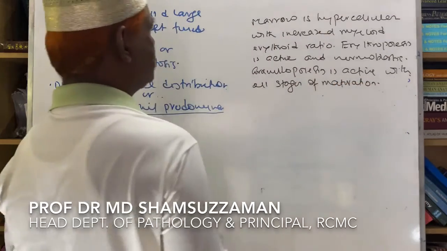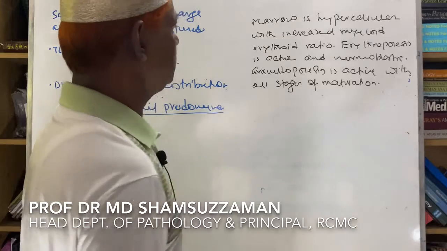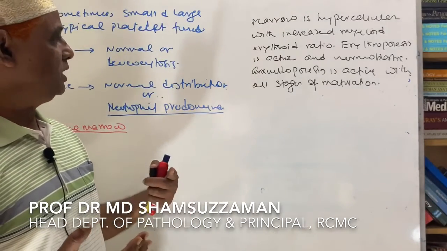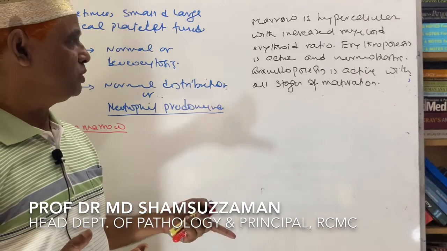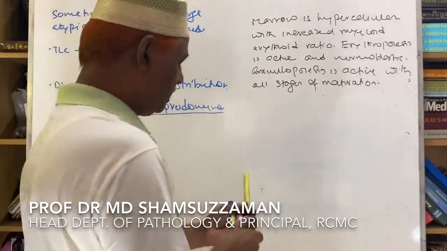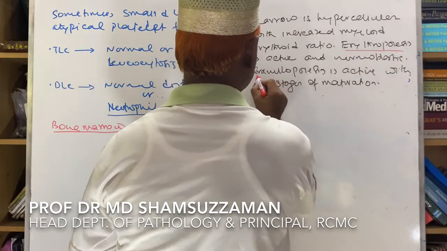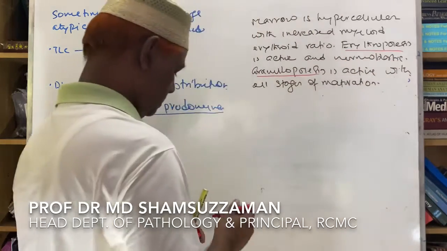So, marrow is hypercellular with increased myeloid erythroid ratio, erythropoiesis is active and normoblastic, granulopoiesis is active with all stages of maturation. So, it is not a disease of RBC, not a disease of WBC.